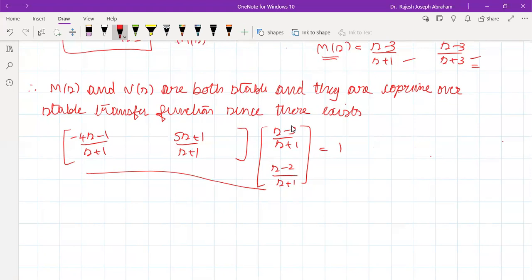Yes, sir, it is possible. Okay, so you can say that your M and N are co-prime. This is what is called the Bezout identity. So whenever you have any doubt, you just check whether the Bezout identity is satisfied or not. Once it is satisfied, you can tell that M and N are both co-prime. So co-prime factors are not unique.